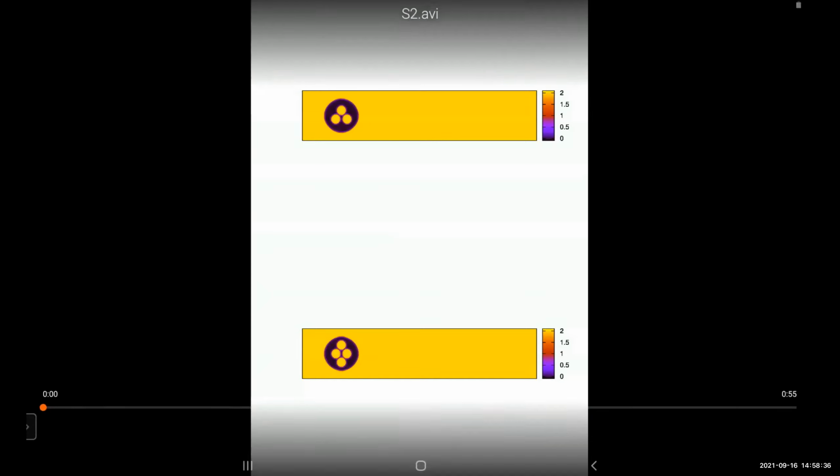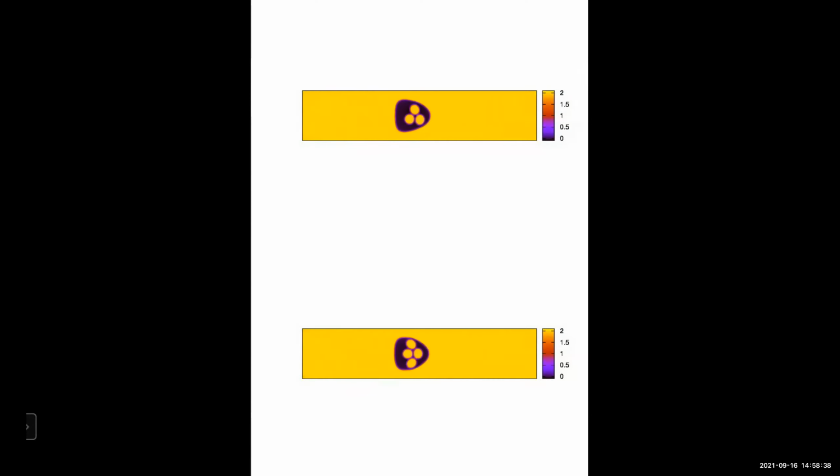You see that the 2 cores on the bottom are soon captured by the vortex below, and they start to display again the rotating motion, whereas the droplet on the top is captured by the other vortex, and they remain basically in this configuration. Whereas if you look at the movie on the bottom, the 3 droplets on top start to display this motion, but then since the area fraction is very high, there is a transition of one of the cores from the top of the emulsion towards the bottom.